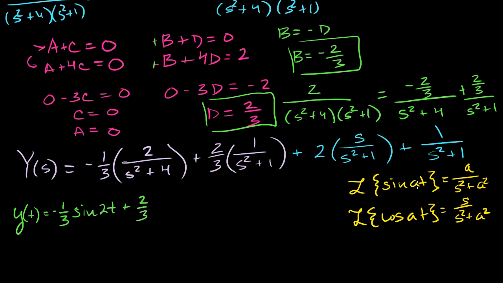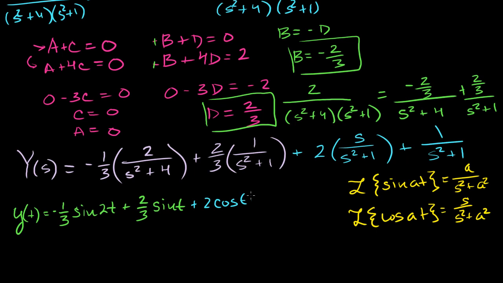If you just make a is equal to 1, sine of t's Laplace transform is 1 over s squared plus 1. So plus 2/3 times the sine of t. And let me do the next one in blue, just because it was already written in blue. Plus 2 times, this is the Laplace transform of cosine of t. If you make a is equal to 1, then the cosine t Laplace transform is s over s squared plus 1. So 2 times cosine of t.